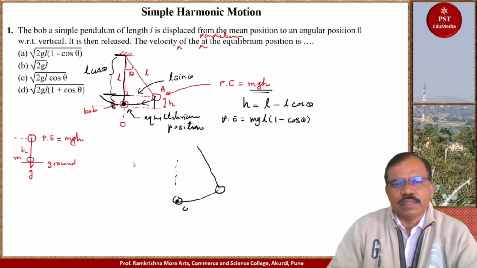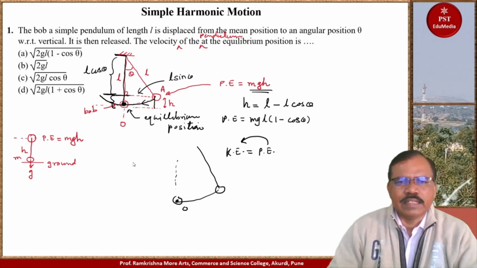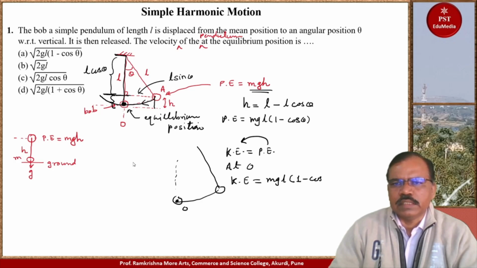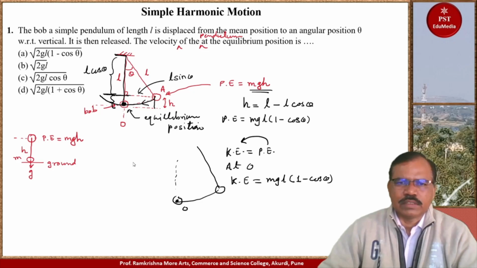So at equilibrium position, kinetic energy becomes equal to the potential energy. So at O, kinetic energy is equal to mgl (1 minus cos theta).